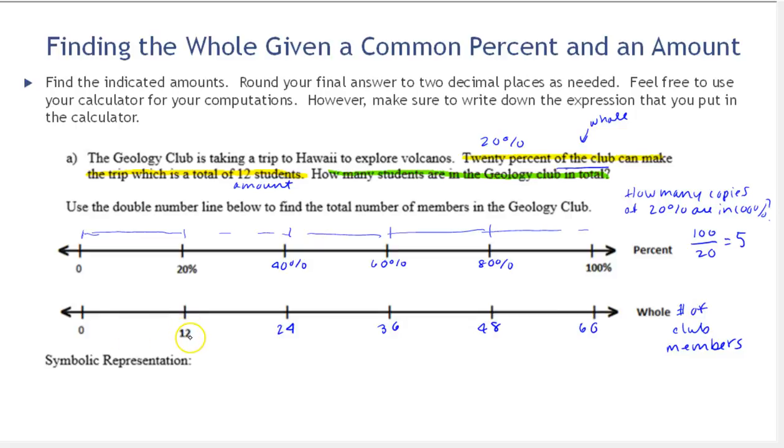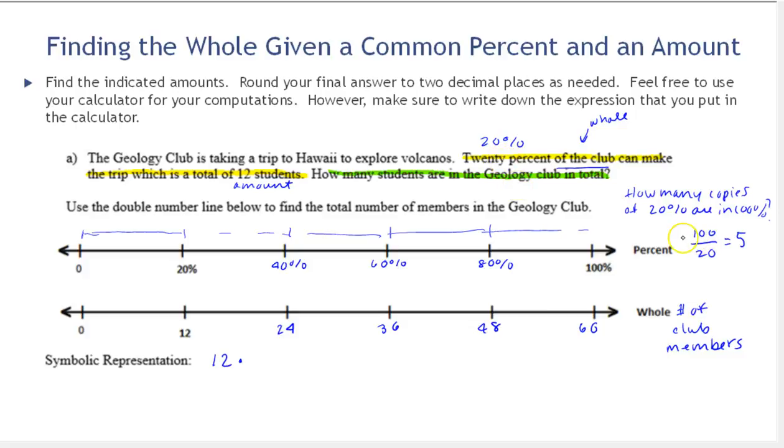So let's see how we could represent this symbolically without drawing these number lines. So this gave us the idea of the problem, but we want to start with the amount we're given, that's 20% of the whole, and then we ended up taking 5 copies of that. But let's remember where the 5 came from in terms of the other number we were given.